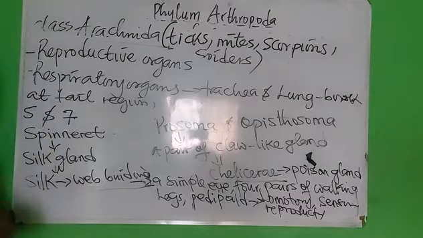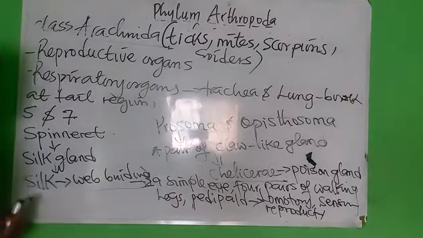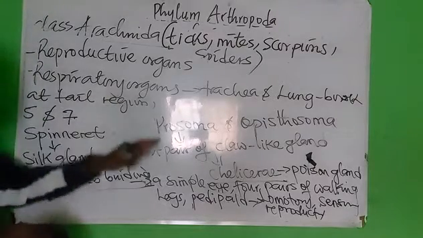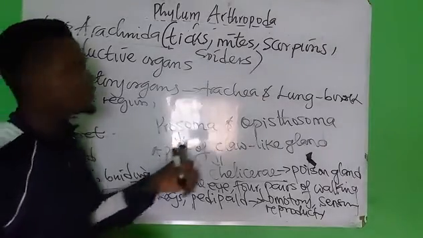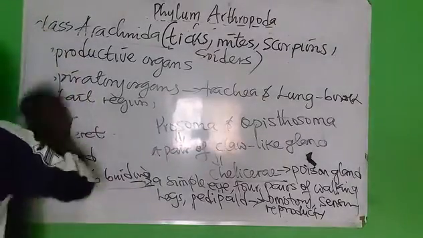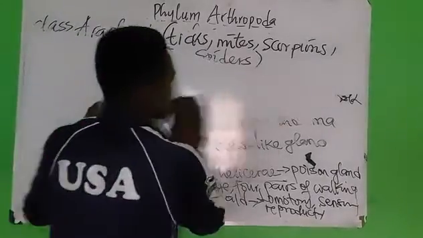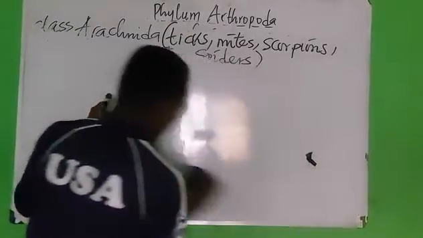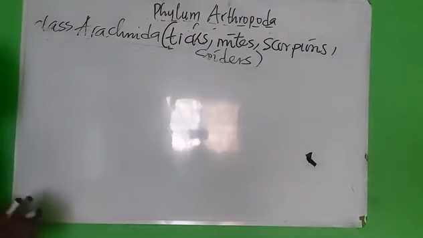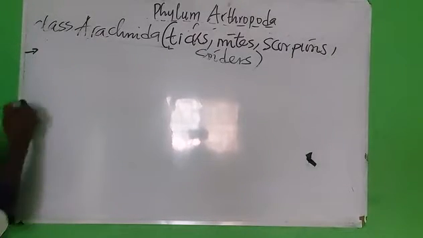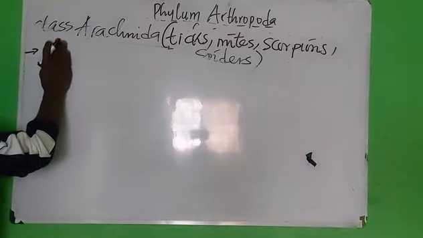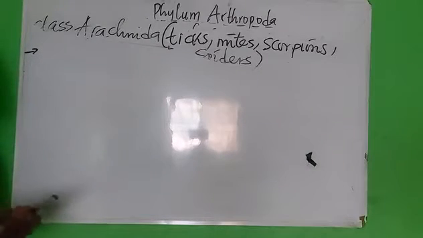I believe this is clear enough. Now, what we've done is the body division. Now, let us look at other parts. In terms of reproduction, I told you these organisms have separate sexes and they have internal fertilization.